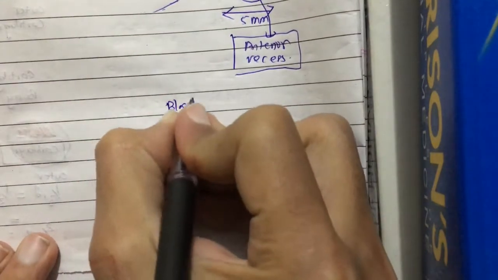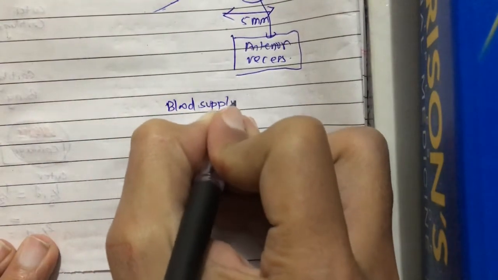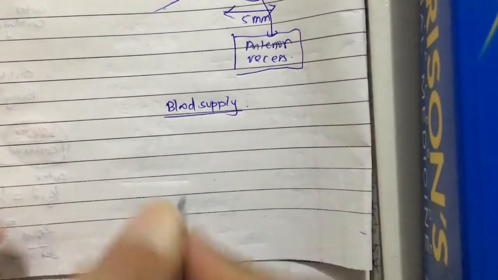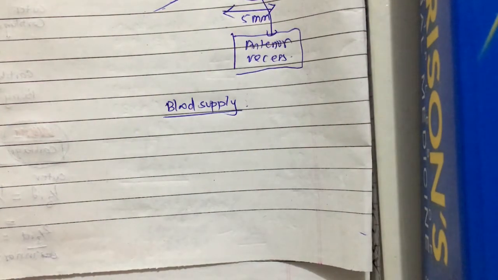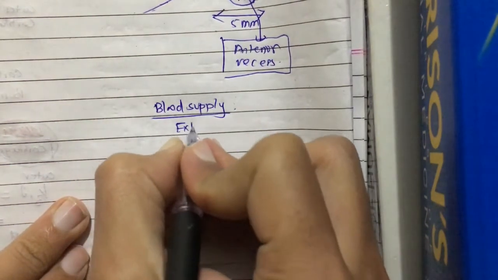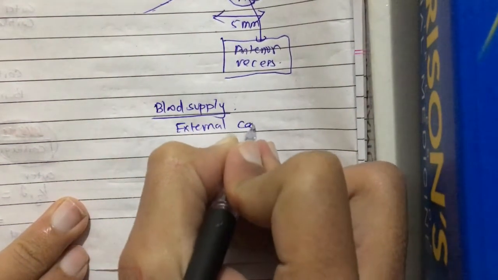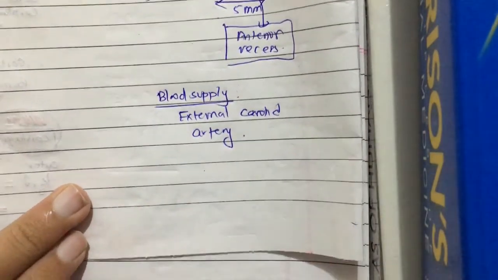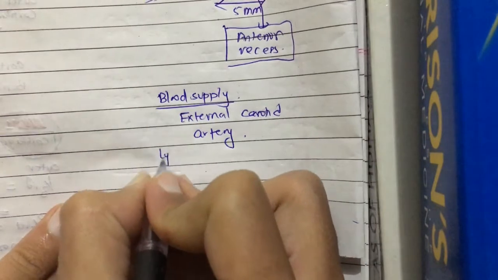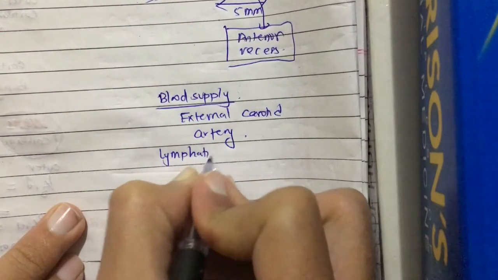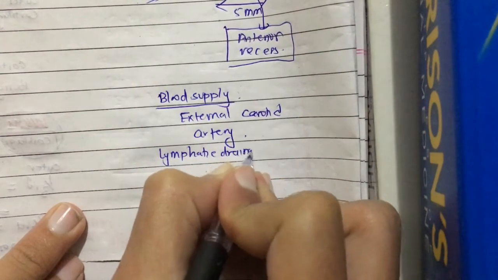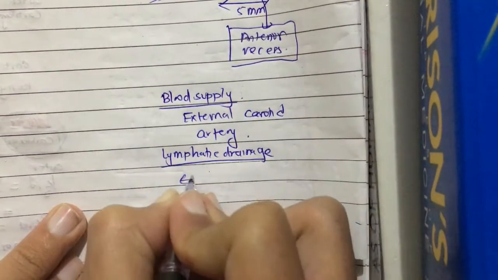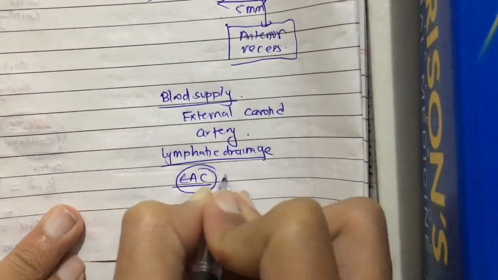Now coming to the blood supply, the auricle is supplied by the perichondrium because it is an avascular structure, whereas the external auditory canal is supplied by the external carotid artery. The lymphatic drainage of the external auditory canal is the same as that of the auricle.